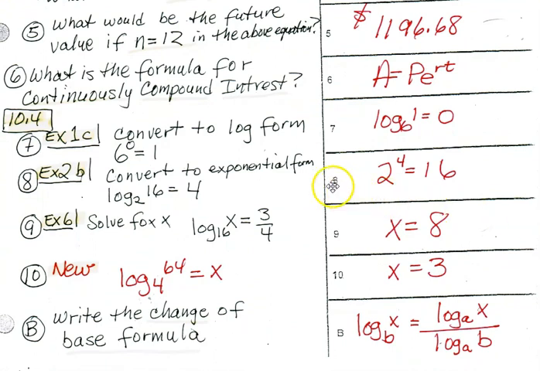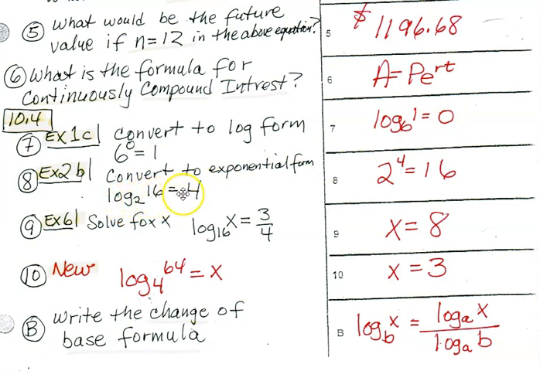Number 7, here we are asked to convert from exponential form to log form, and I have it written out. Log base 6, answer is 1, the exponent is 0. Now here it was in logarithmic form.